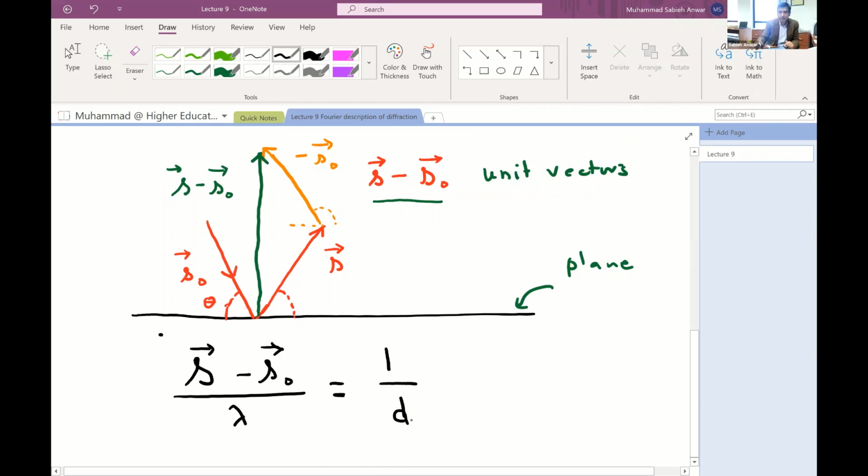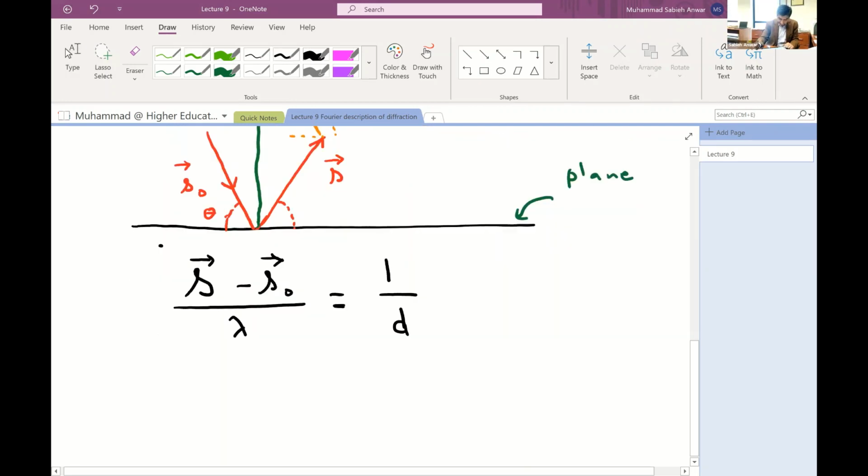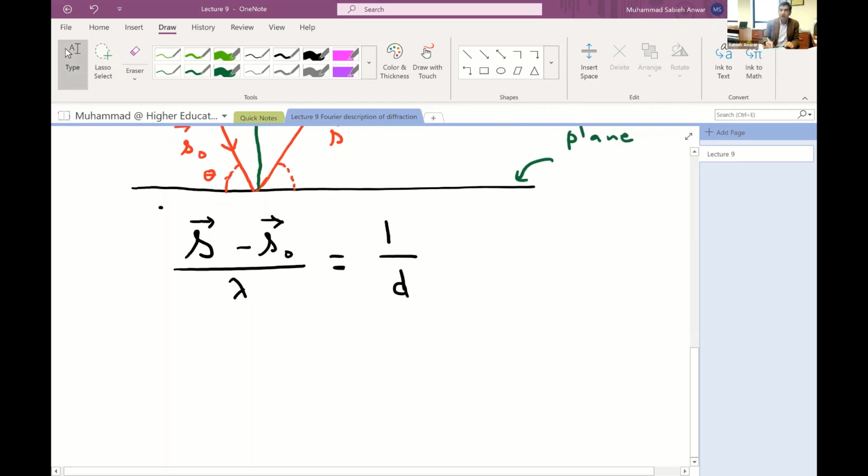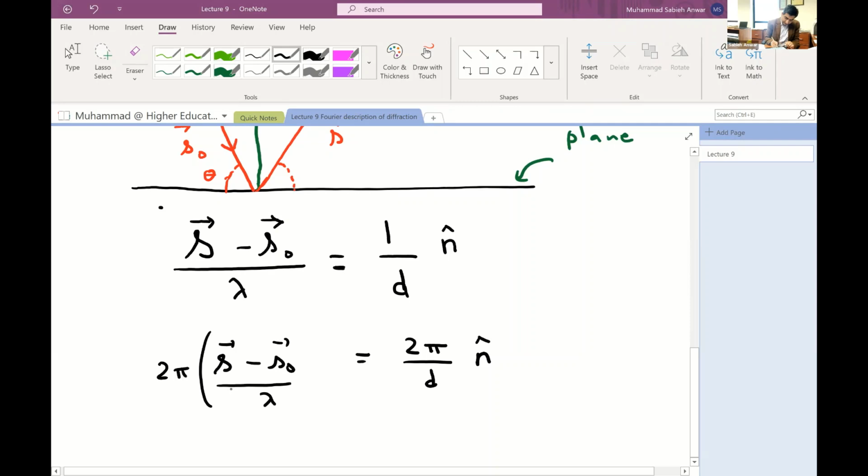And 1 over d, if I multiply this with 2 pi, of course I need a vector sign here, so let me just for the time being put a unit vector n, which is normal to the plane. So I have S minus S naught over lambda, and since I multiply both sides by 2 pi, I get this expression.